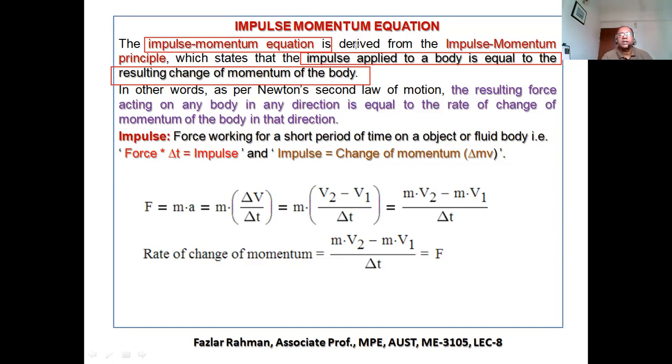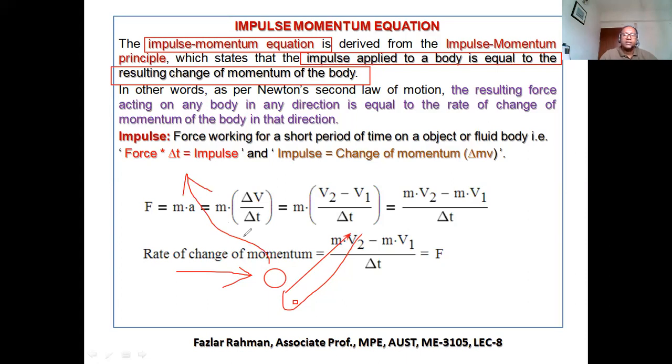That is the impulse. So a ball is coming with higher speed and you are hitting it with a bat, right? So the ball is coming along this direction, and after hitting, it changes direction along the other direction.